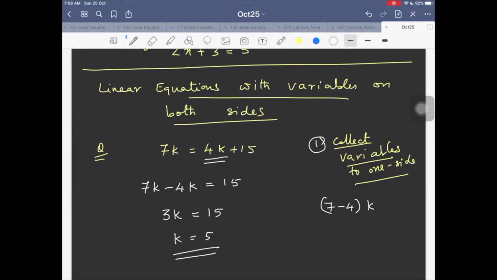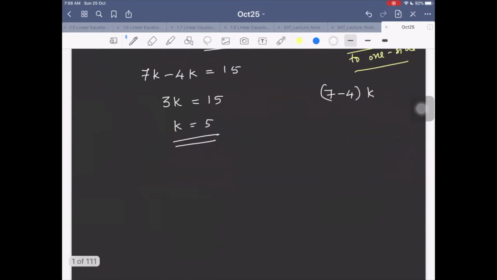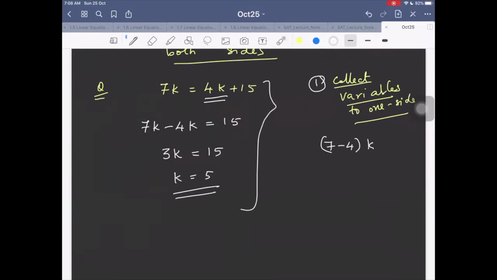Okay. And the next thing you need to note is sometimes you have to figure out to which side of the equality you have to bring the unknowns. Because, for example, in this question, you could have brought 7k to the other side. Then it would have been 0 is equal to 4k minus 7k plus 15.